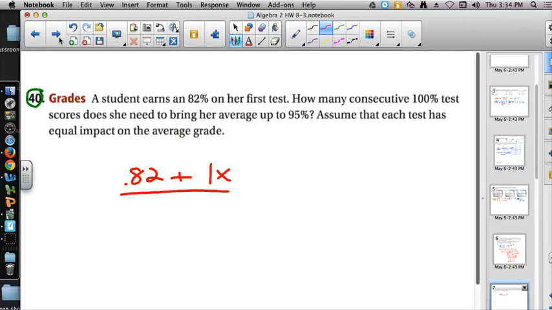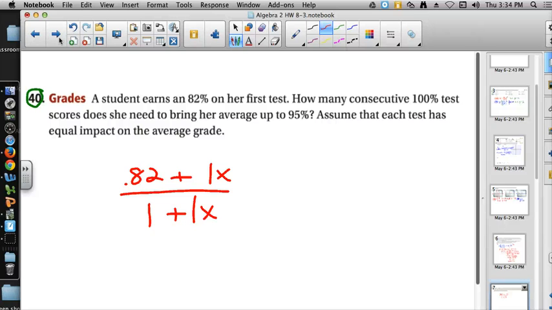And then, because we don't know the total, we could say, well, she took 100% of the test so far, and we're going to continue to add to that whatever our 1x comes out to be. And like I said, you could use this as 82 over 100 as well, but you can see you'd get exactly the same thing from the front portion of this fraction.